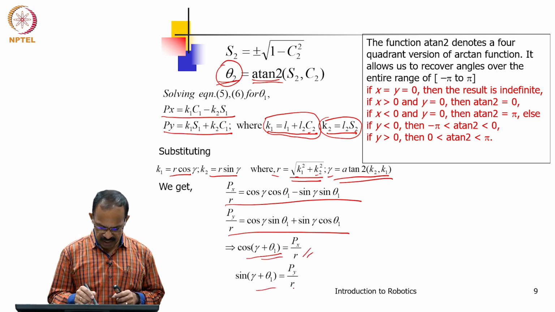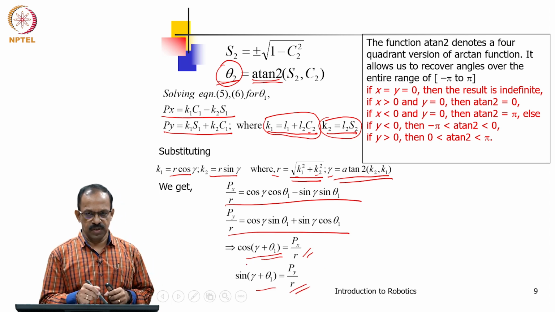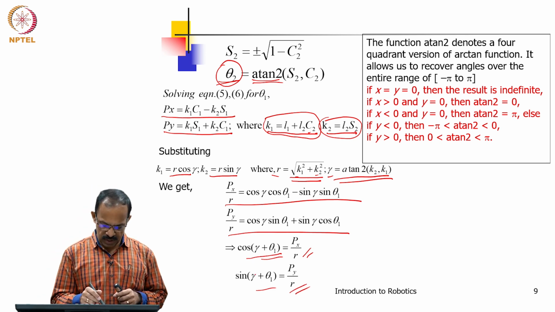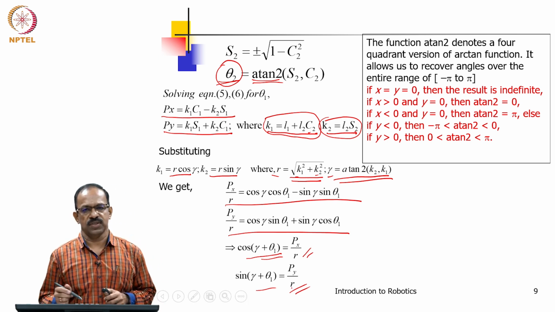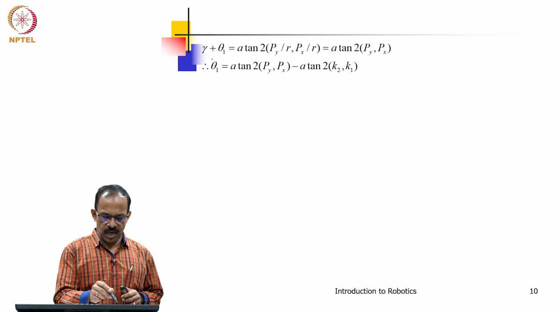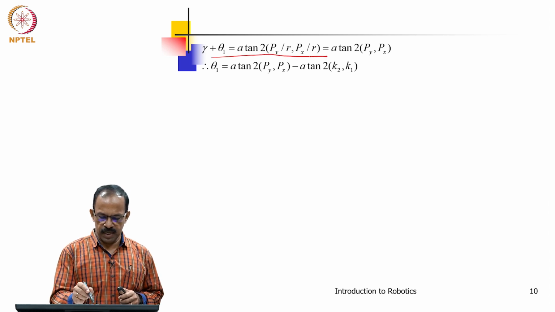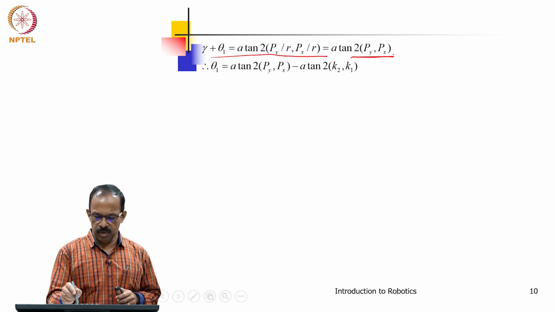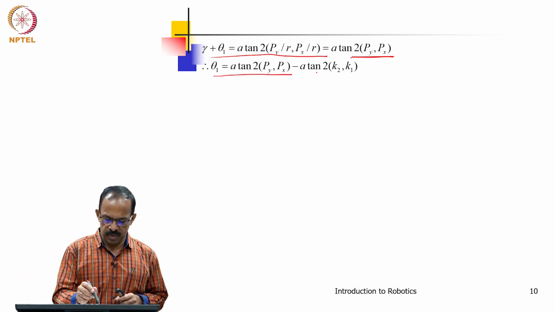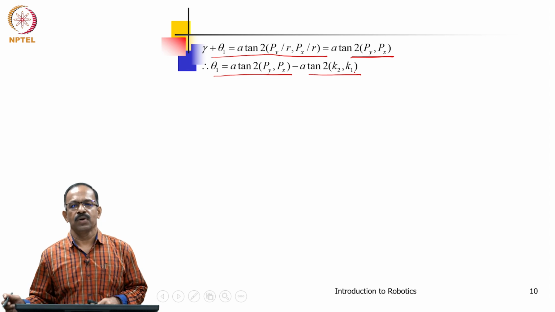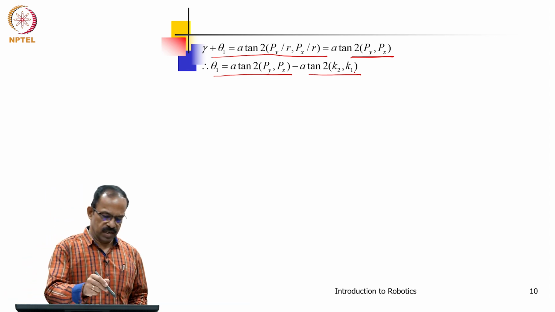Similarly, sin of gamma plus theta 1 can be obtained, and since we have these, we will be able to get gamma plus theta 1 as A tan 2 of Py by R, Px by R, and so it will be Py, Px. Theta 1 is A tan 2 Py Px minus A tan 2 K2 K1. So, this is the way we get theta 1.